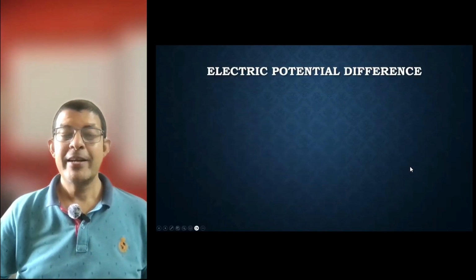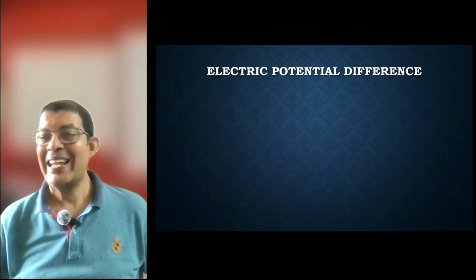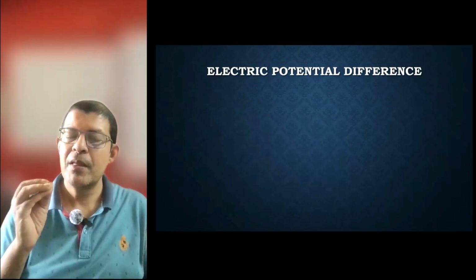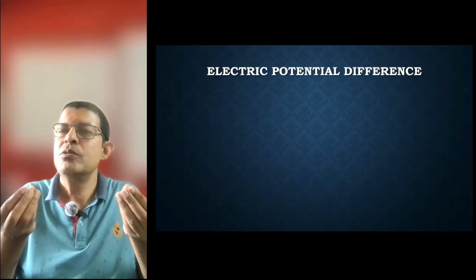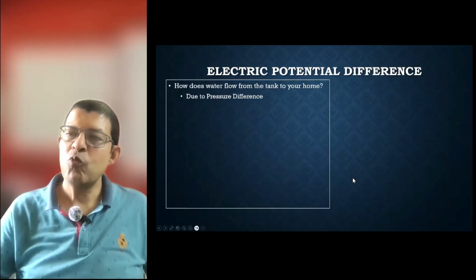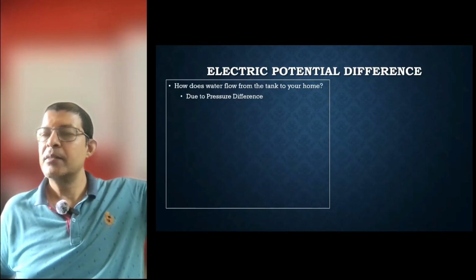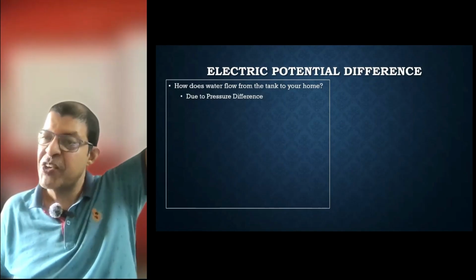Okay. Next, electric potential difference. What is electric potential difference? We studied current. Now current is caused due to some potential difference. So how does water flow from your tank? How does the water from the tank above come to the tap? Due to the pressure difference.